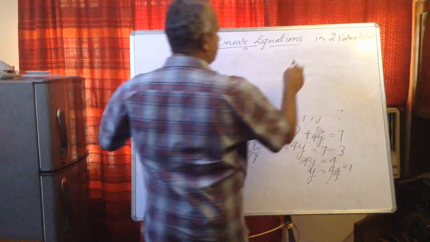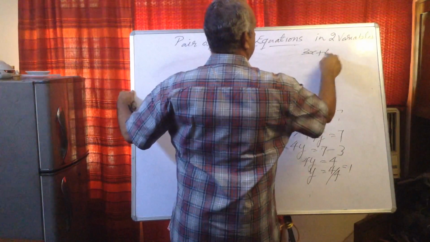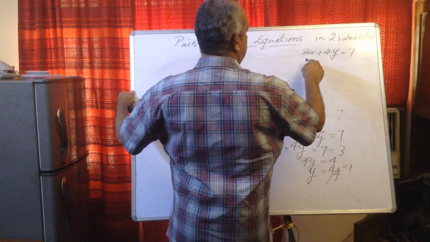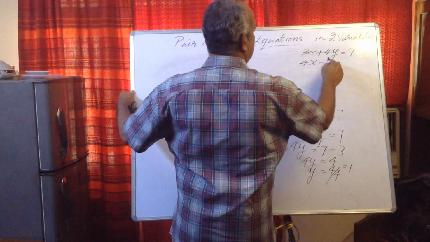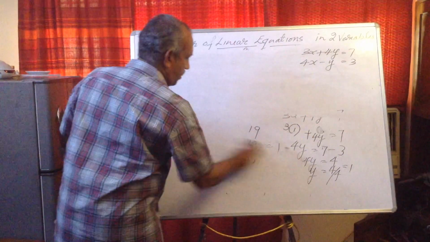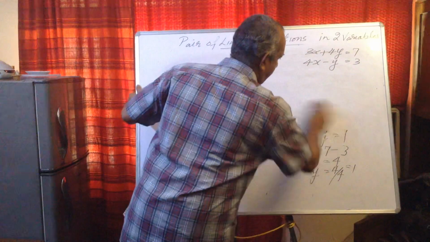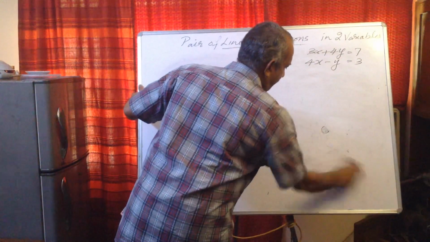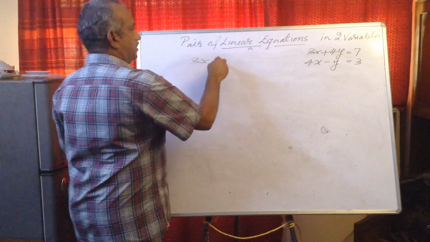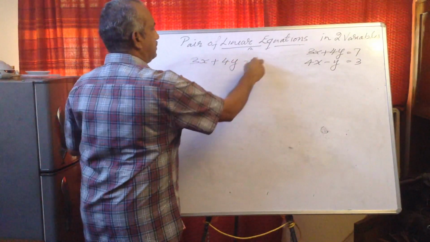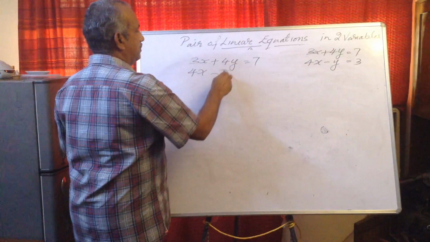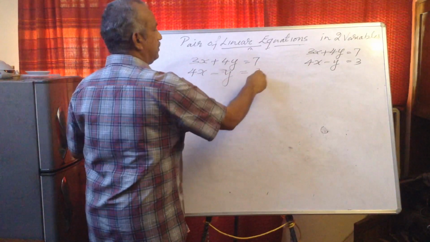The equations were 3x plus 4y is equal to 7 and 4x minus y is equal to 3. Let it be. Now 3x plus 4y is equal to 7, 4x minus y is equal to 3.